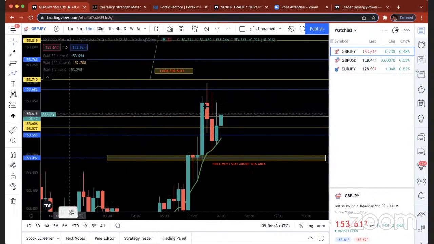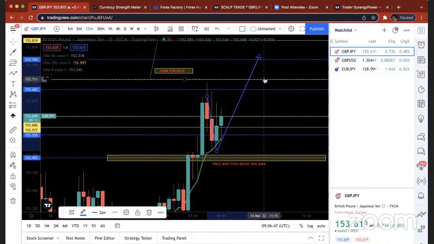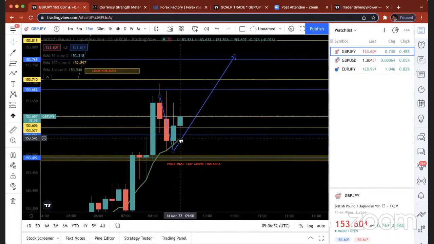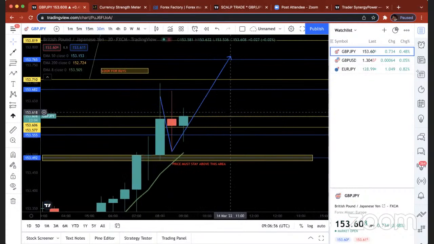The 15-minute doesn't look too bad though. Price might do this. Rejected the 8 EMA a little bit, but again, that's the 15-minute. This is the 30-minute.